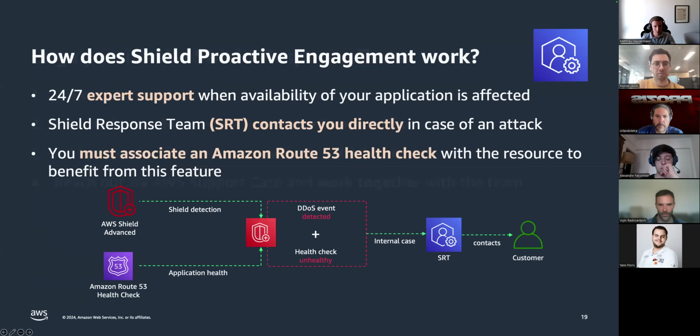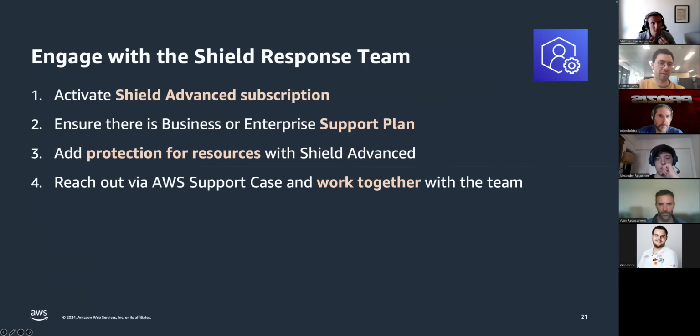You can also, once you activate the subscription, cut a ticket to the Shield response team through AWS support and work on a support case that is related to the DDoS attacks.